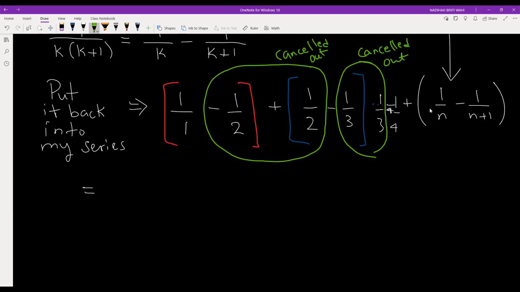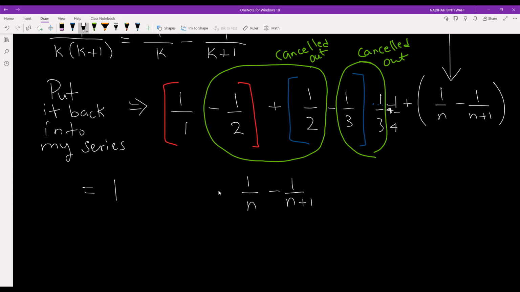So what remains if you go until here is 1. Okay, what remains is the 1 over n minus 1 over n plus 1.